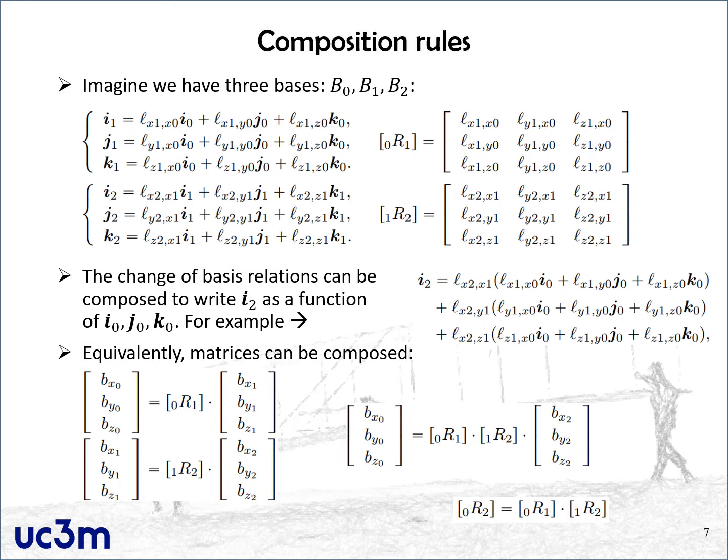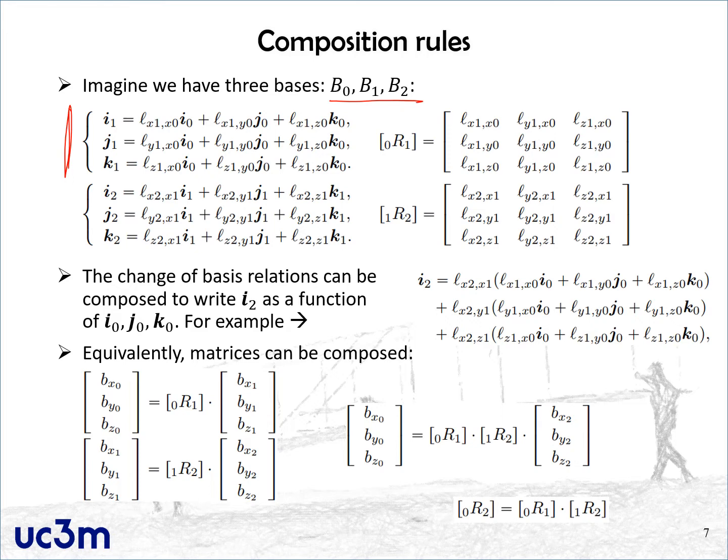Of course, we are not restricted to using just 2 bases, and in fact, in many programs, we will define more than 2. So it's important to understand how the relations between multiple bases relate with each other. So imagine in this example that we have 3 bases, B0, B1, and B2, and imagine that we have already established the relations between bases 1 and 0, okay, either by giving the vector expressions on the left or the matrix on the right.